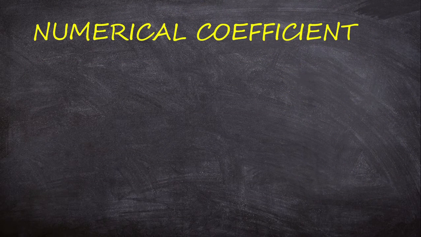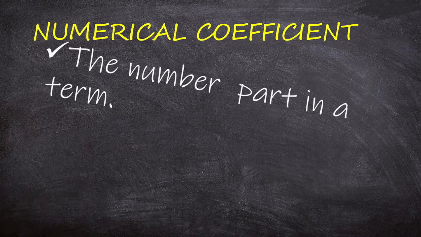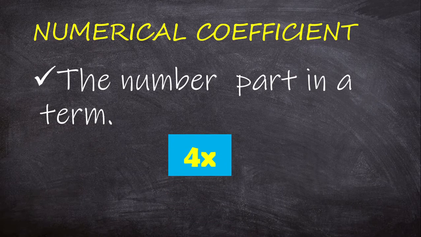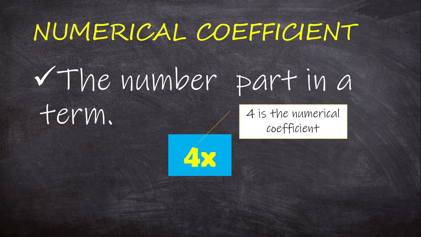So for our next algebra term, it is the numerical coefficient. The numerical coefficient is the number part in a term. For example, 4x is a term, and the number part of it is 4, and 4 is the numerical coefficient.